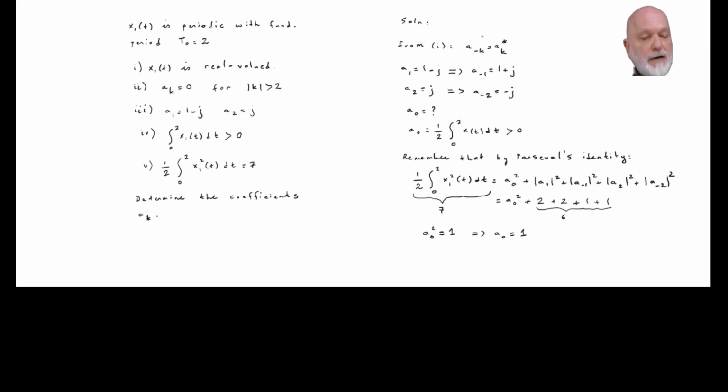In fact, we have 5 coefficients in this case: A0, A1, A minus 1, A2, and A minus 2. And we are able to obtain all of these coefficients by using the information given in the statement of the problem.